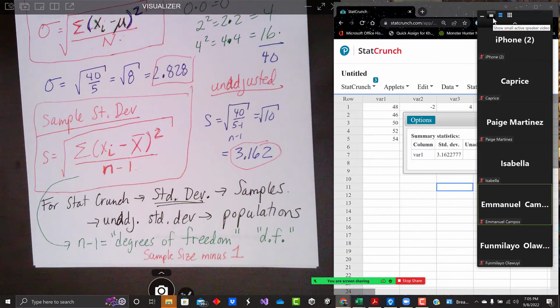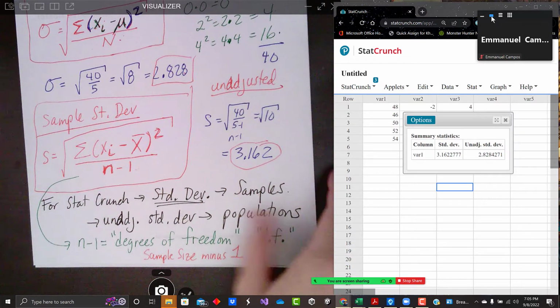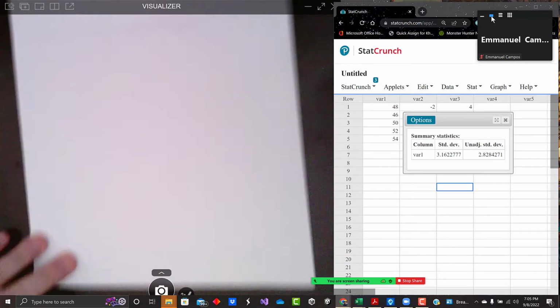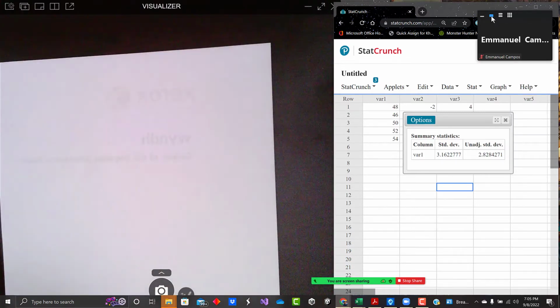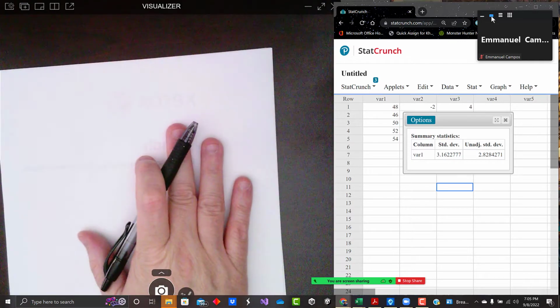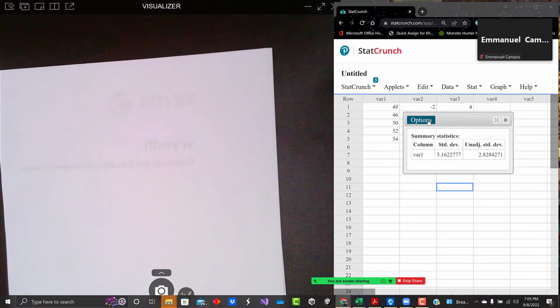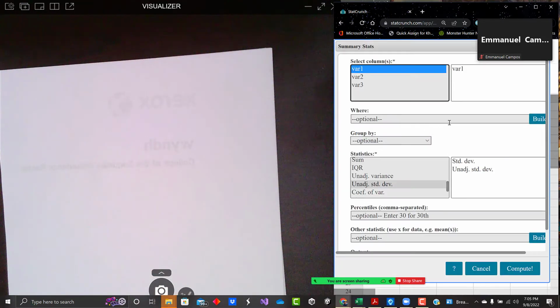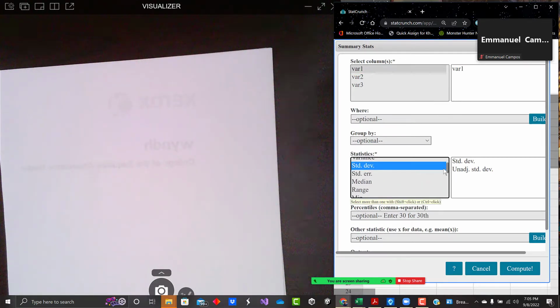Okay, so next thing. We have one more thing that we like to use on the table, and I will add them both right now.